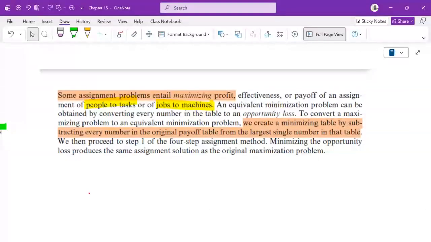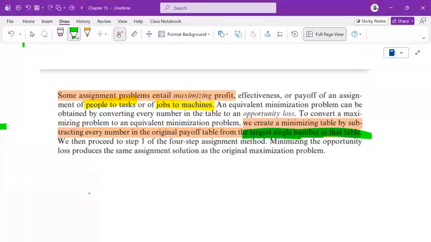To convert a maximizing problem to an equivalent minimization problem, we create the minimizing table by subtracting every number in the table from the largest number found in that table. Then we proceed to step 1.